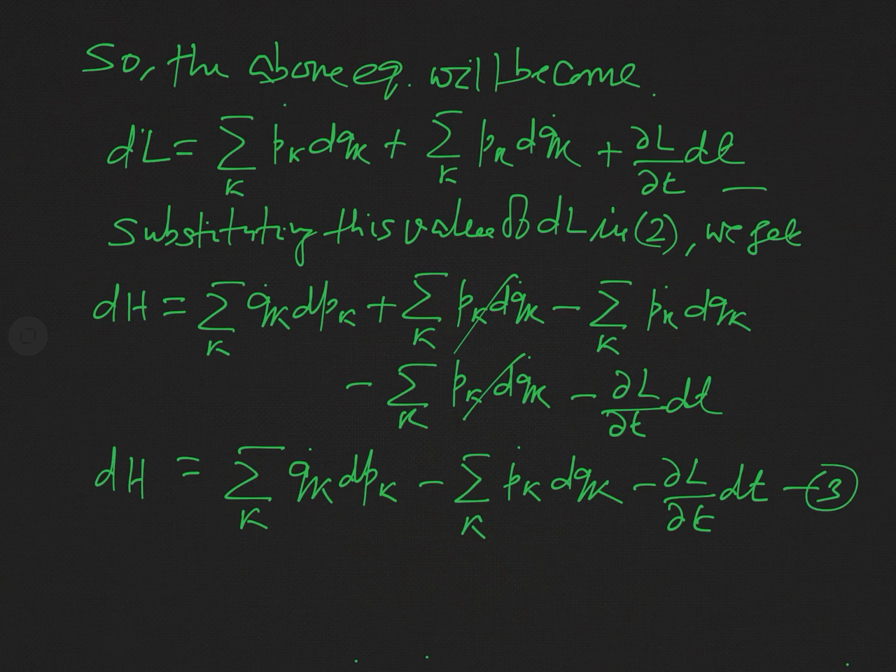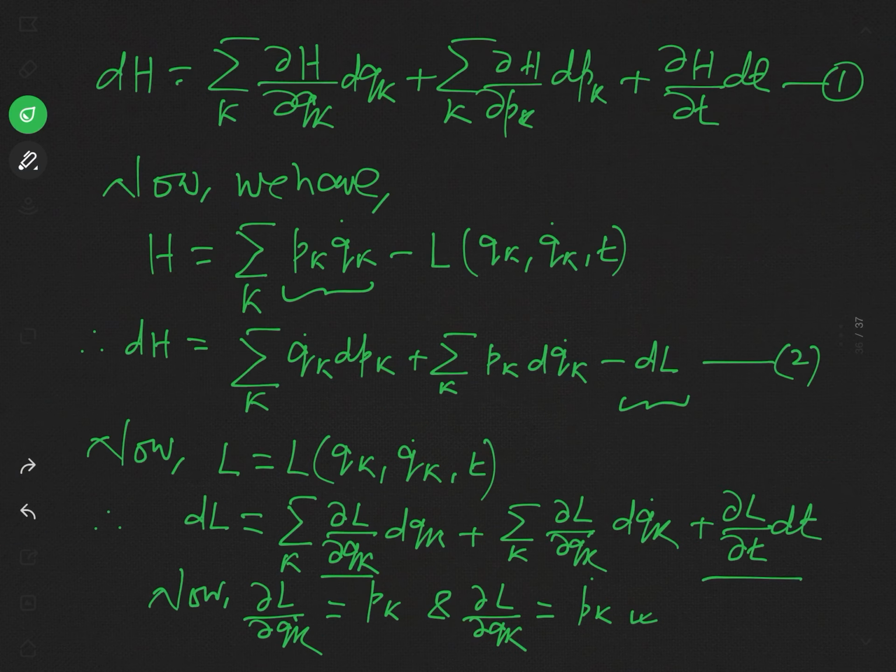Now you can see that there are actually two equations for dH. See the first equation here, that is equation number 1, which defines dH, and so we can compare the two equations 1 and 3, and after comparison we will find the coefficients of dqk, dpk and dt.